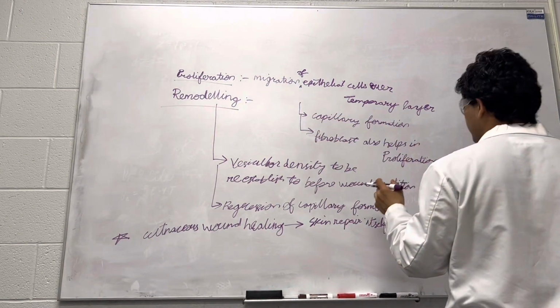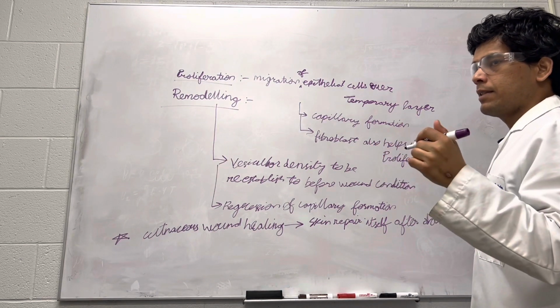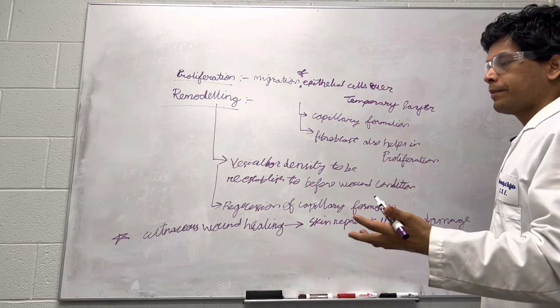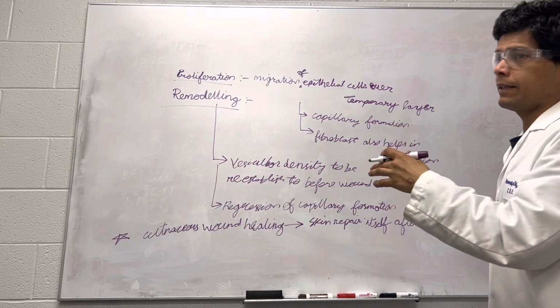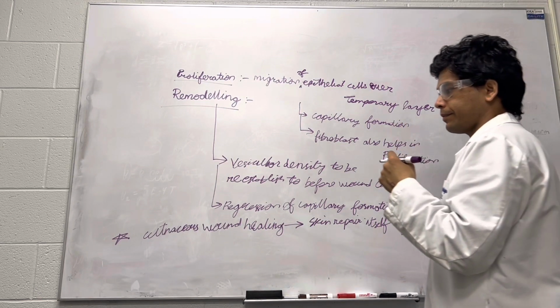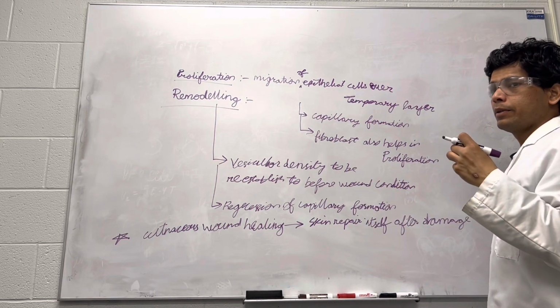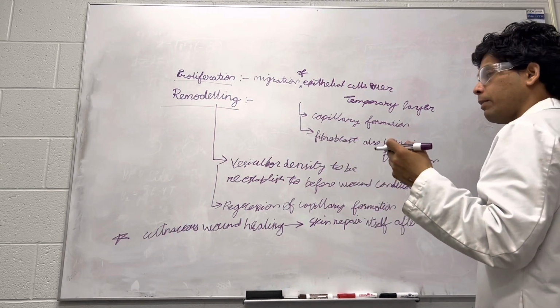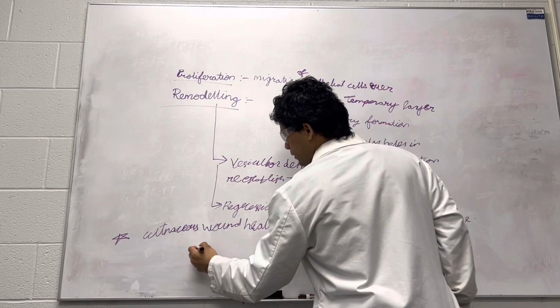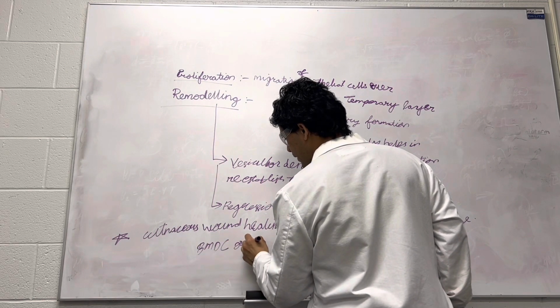What the researchers think is that there are various stem cells present nearby the skin, such as bone marrow derived cells or mesenchymal cells.